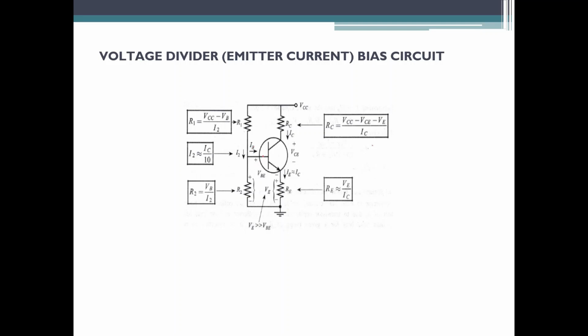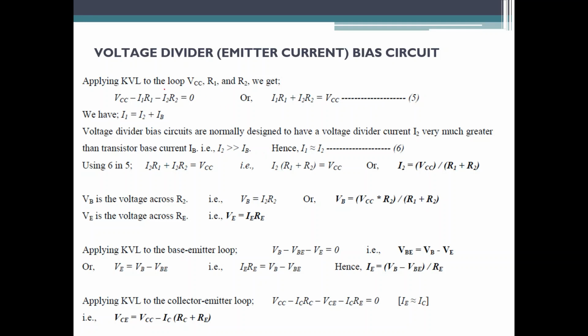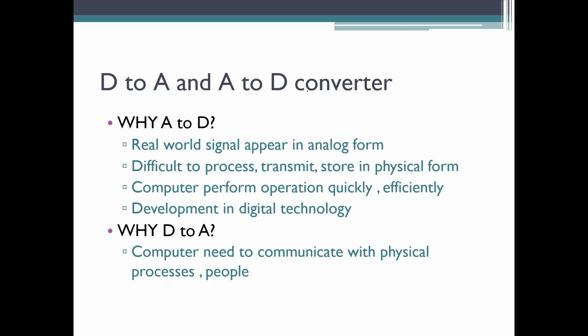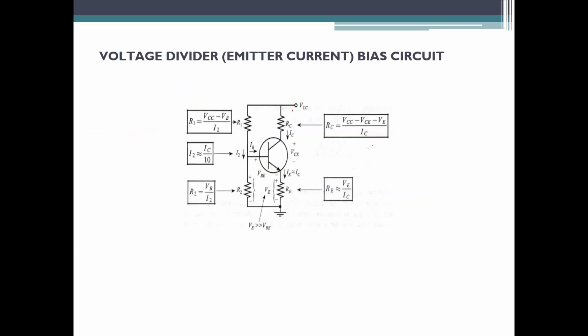Applying KVL to the loop VCC, R1, R2, that is, they have applied KVL to this loop, VCC, R1 and R2. Once they applied KVL to that loop, they got VCC minus, what will be the current there? That will be I1. So the current flowing through this is I1.